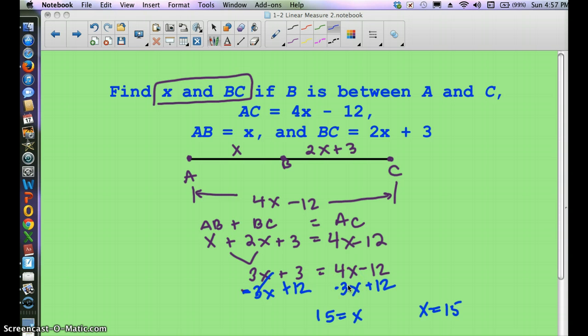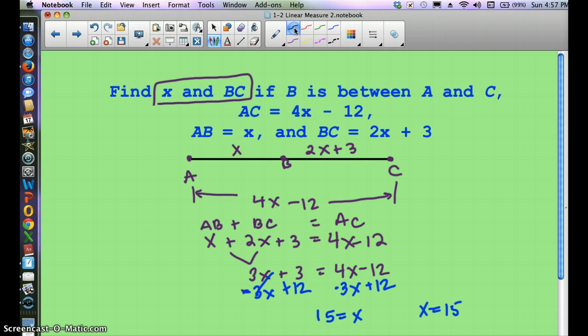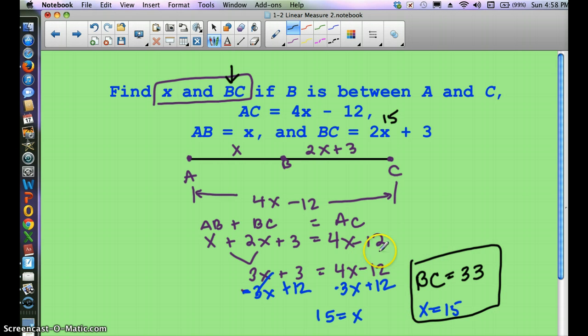I solved algebraically, and then I got x equals 15, but I have to find BC. So what I'm going to do is plug that 15 back in, and I end up with 2 times 15 plus 3 ends up being 33. So that's my final answer.